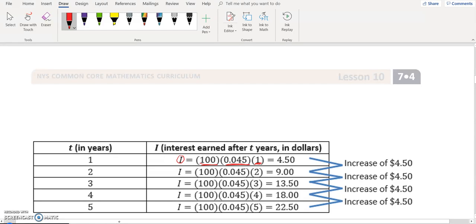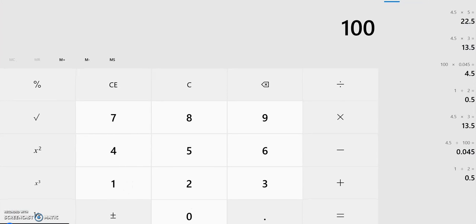So if we did 2 years, we would do 100 times 0.045 times the 2 years. And we get 9. And then after 3 years, 100 times 0.045 times 3 years. And there's that $13.50.